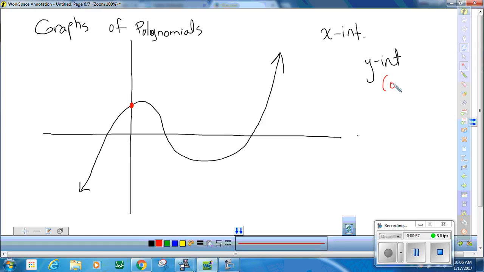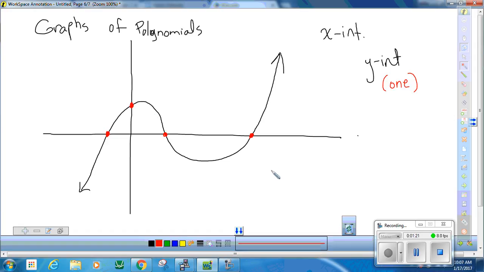So there should be one and only one y-intercept. What you may notice in this particular graph is that it definitely has more than one x-intercept. So x-intercepts are where we get some really interesting things going on with polynomial functions.